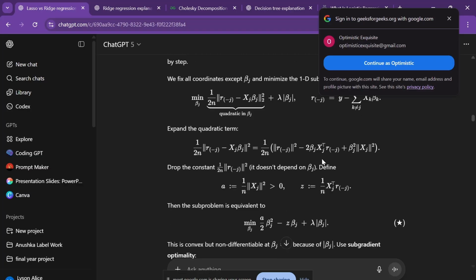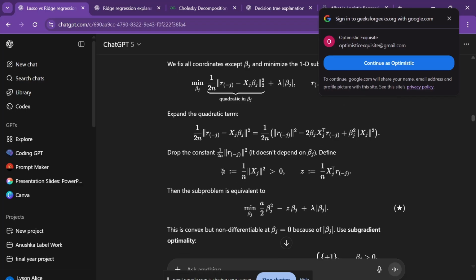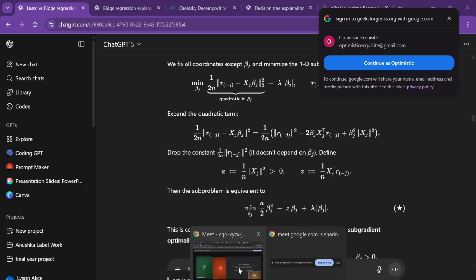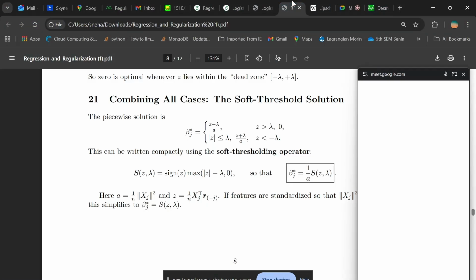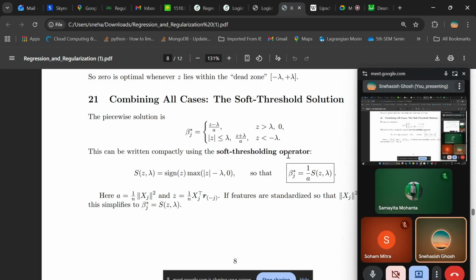Then we expand the quadratic term, and from here we get a is 1 by n times x j squared, and we also get z equal to 1 by n x j transpose r minus j. So this is what z is. Whenever I explain something using z, we'll refer to this.